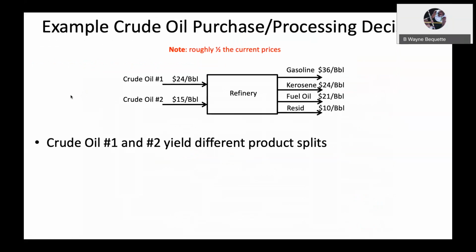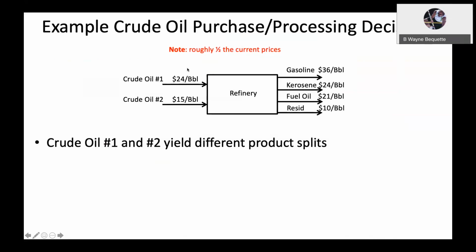That's shown in this slide. Notice the prices I'm showing here are roughly about 1/2 of the current prices. But I'm showing two different possible crude oils that we can bring in and process in this refinery. Crude oil 1 is more expensive, and it costs $24 per barrel. And crude oil 2 is cheaper, it's $15 per barrel.